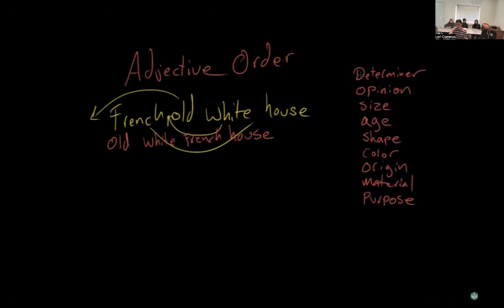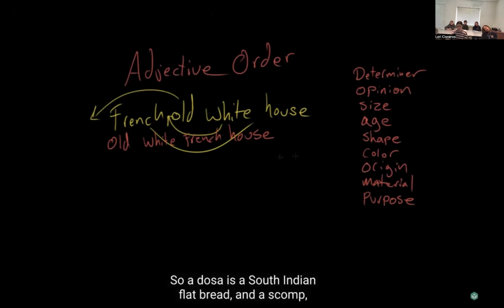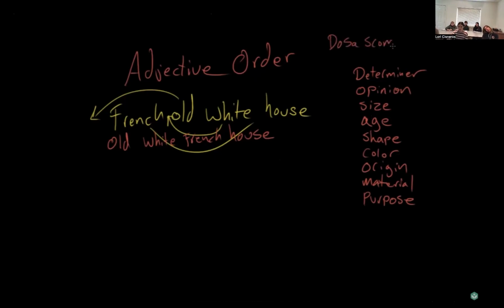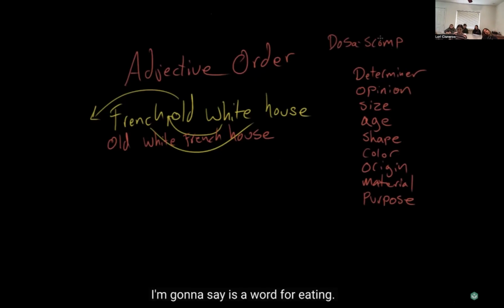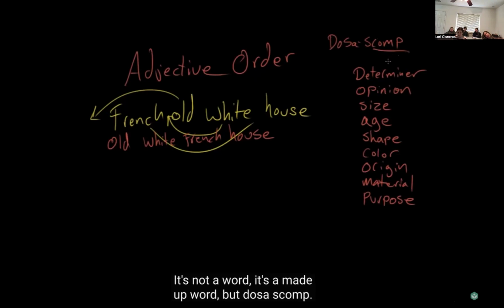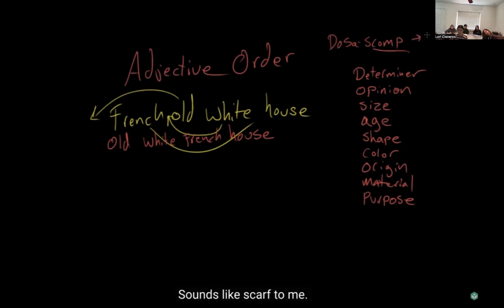Or for short, dosascomp. Dosascomp. Oh, okay. That's actually kind of a thing. So a dosa is a South Indian flatbread, and scomp, I'm going to say, is a word for eating. It's not a word, that's a made-up word, but dosascomp. It sounds like scarf to me.